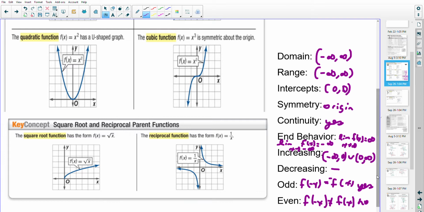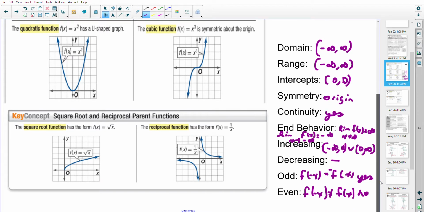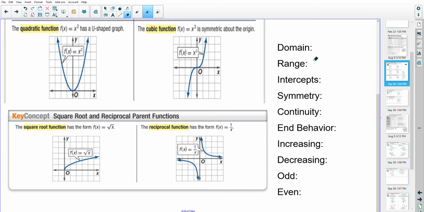Reciprocal function. We're going to go ahead and erase that and talk about the reciprocal function. The domain is going to include all of your x's except where x equals 0.